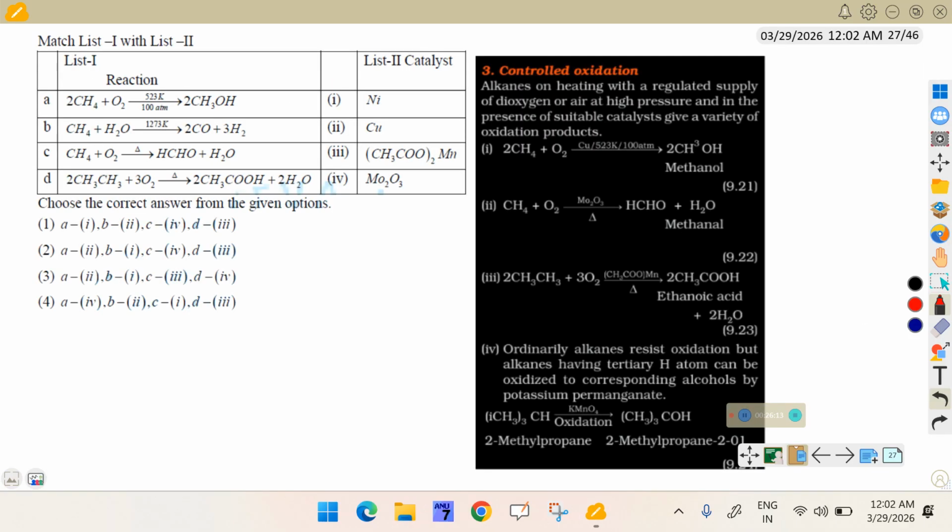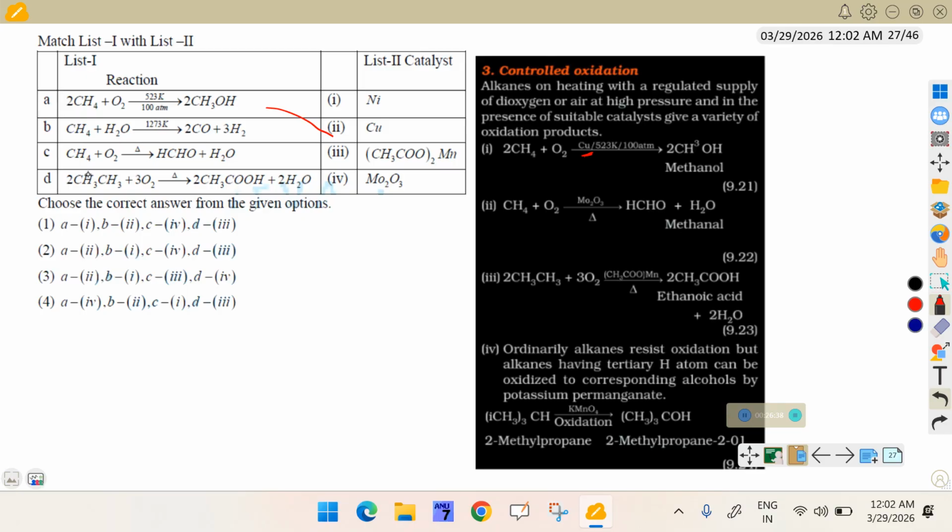Match the following. CH4 plus O2 gives methyl alcohol. What is the suitable catalyst? Copper. For A, use copper. CH4 plus H2O gives 2CO plus H2. Leave this one.